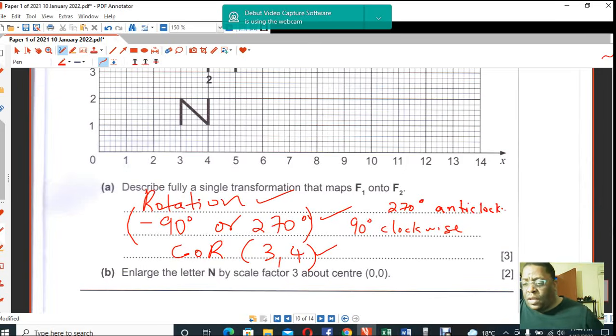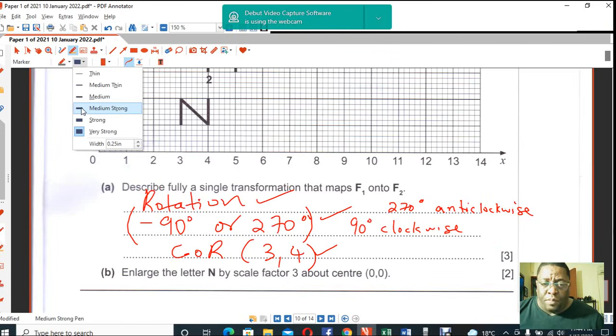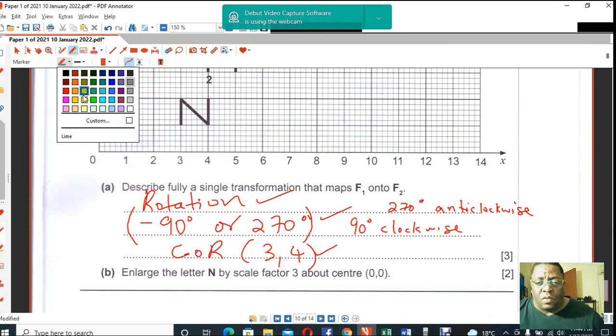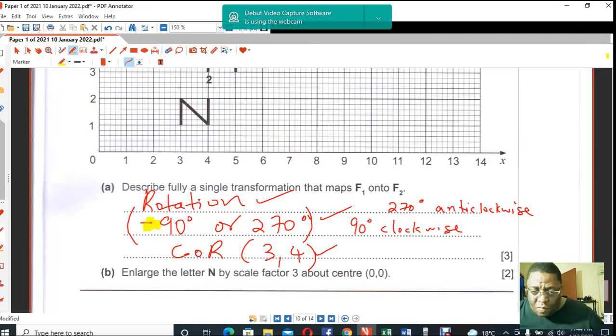And when you do this, you're still going to get the same mark, but you're going to avoid the confusion that many students have. The confusion comes from the minus, knowing that a minus refers to clockwise, and a positive, though you don't write it, refers to anti-clockwise. To avoid that confusion, just write down the words, and then you are good to go.